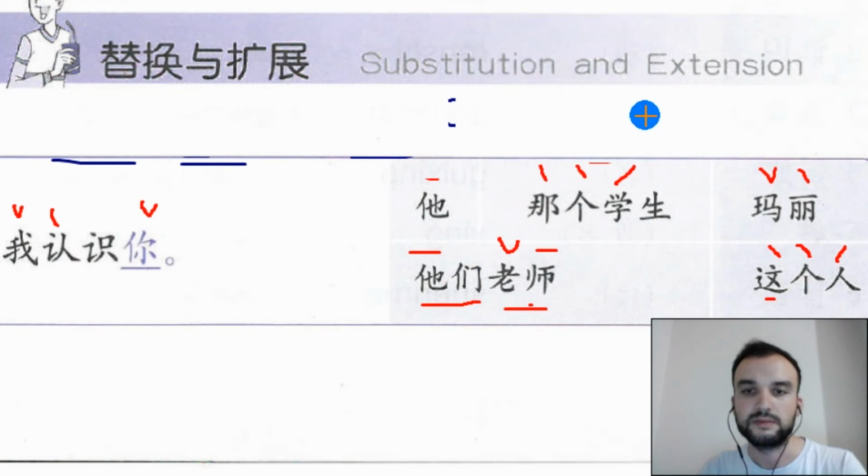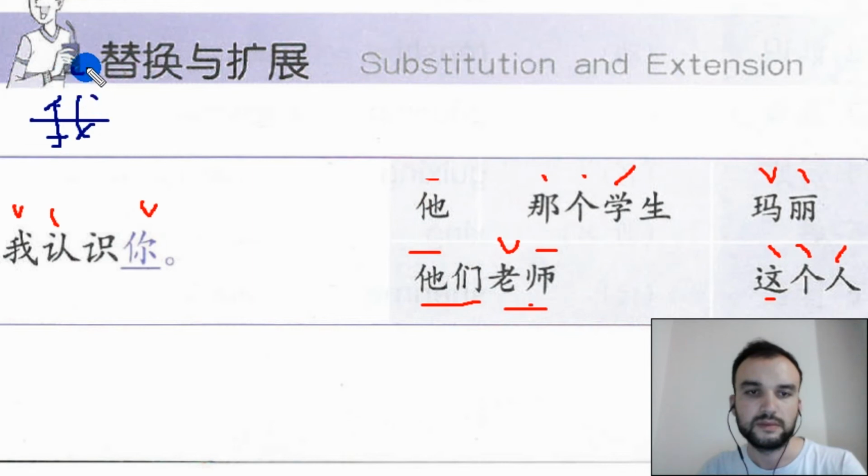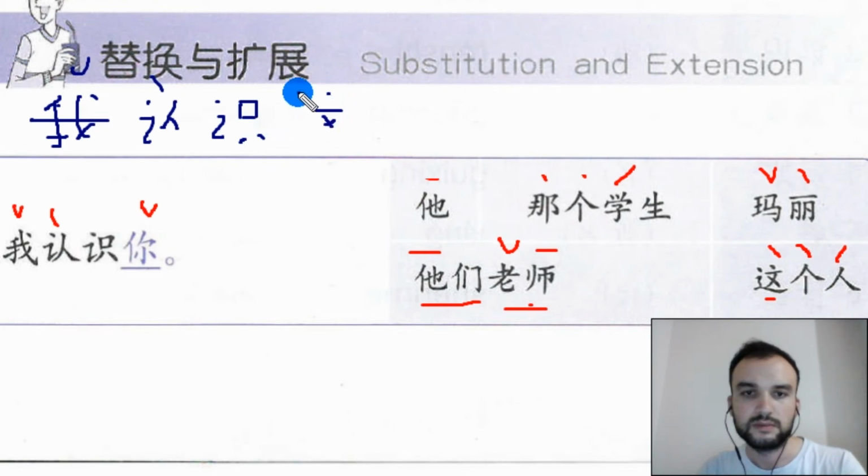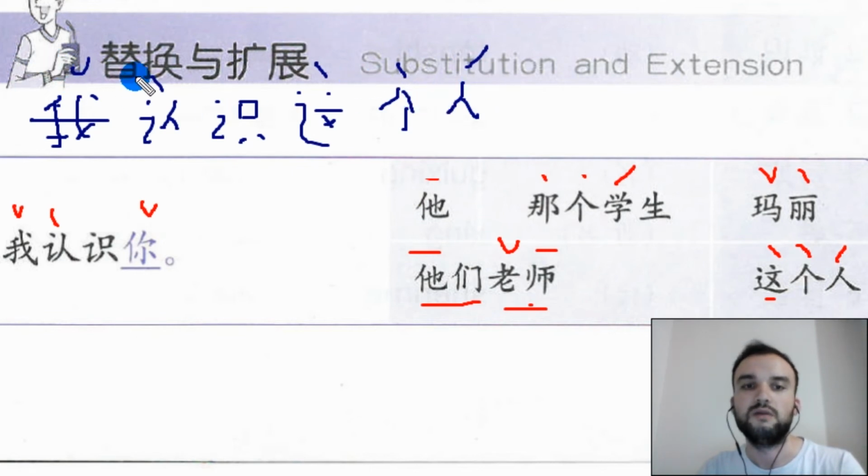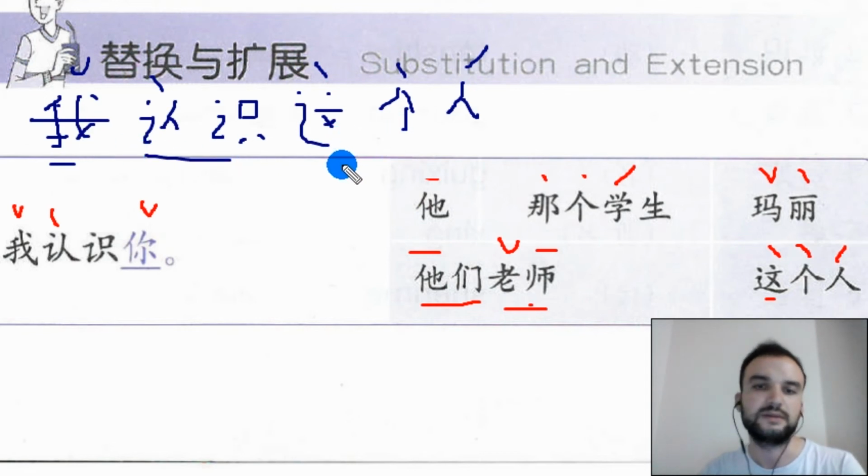Okay. And here, 这个人. First I will write it, later I will explain. 我认识这个人. I know this person. 这 means this. 个 is a measure word.